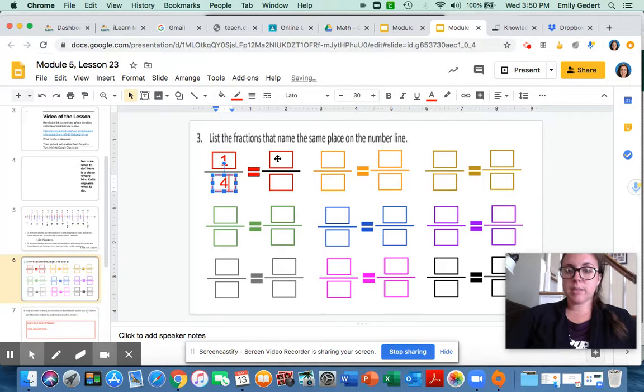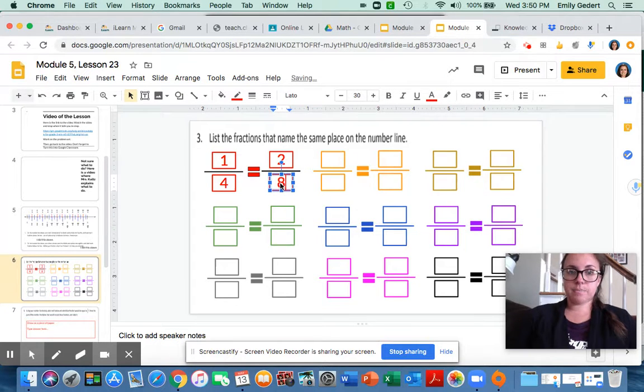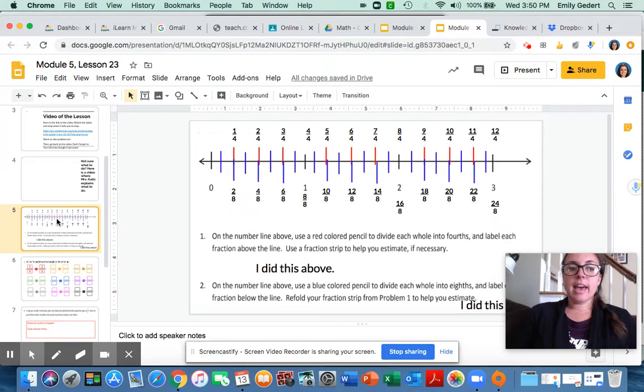So you can fill that in here. 1/4, again, I'm just clicking the text box and I can type right in, is equal to 2/8. Then you're going to go back in and find another fraction that's equal. You don't have to go in order, but you don't want to repeat any either. So maybe you go to 4/4 is the same as 8/8.